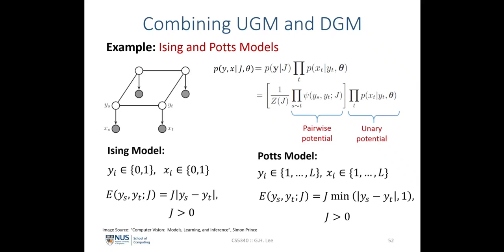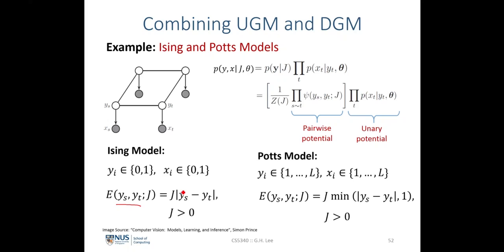We can make use of the Ising model in the case where we have binary random variables for the latent and the observed variables, which take the state of 0 and 1. In this case, for the pairwise potential, we encourage the neighboring random variables to take similar labels as much as possible. Here we use the absolute value of ys minus yt.